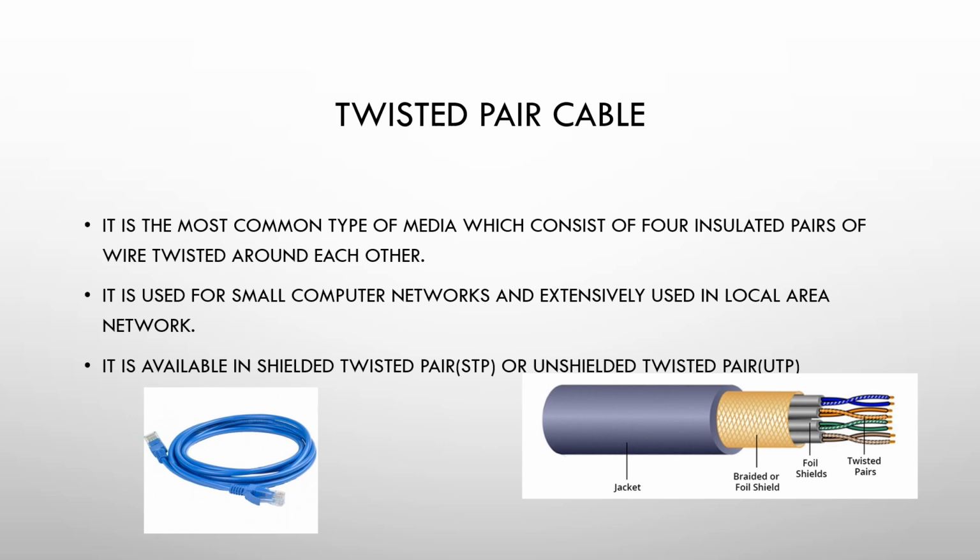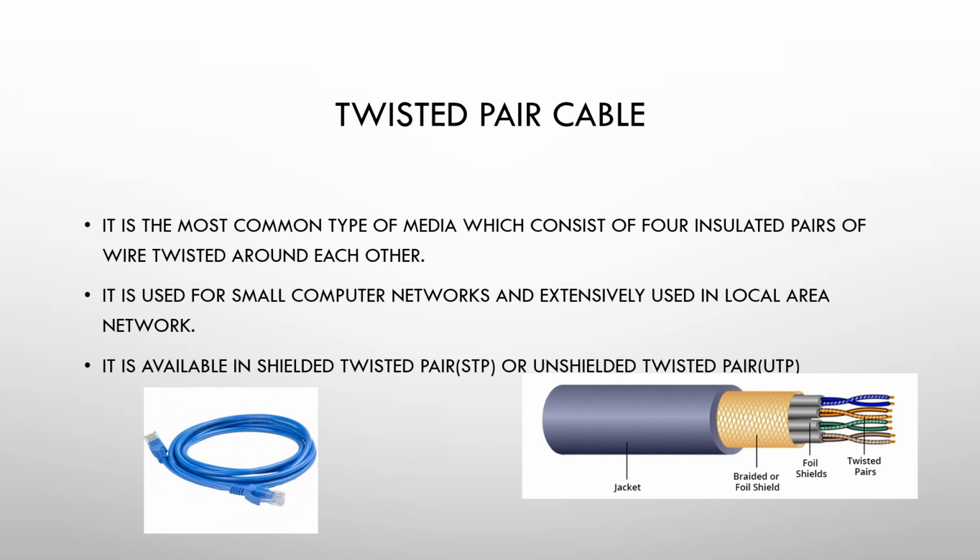Twisted pair cable. It is the most common type of media, which consists of four insulated pairs of wire twisted around each other. It is used for small computer networks and extensively used in local area networks.